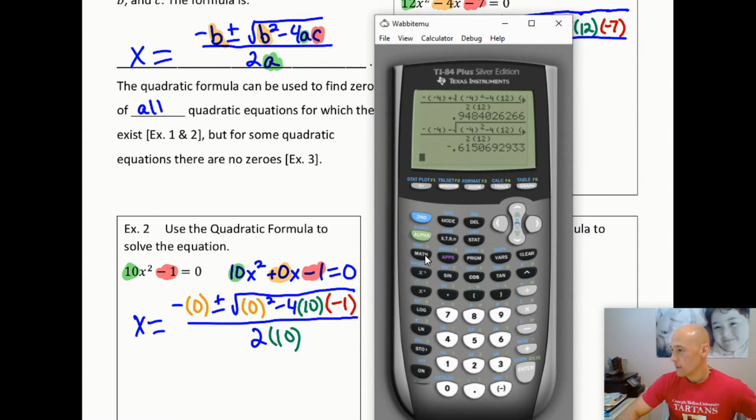So again, we can do the fraction. And I don't need to put negative 0. That's just 0. So I'm just going to start with the square root. It's going to be positive 0 squared. I'll do that just because I don't want to confuse the situation here.